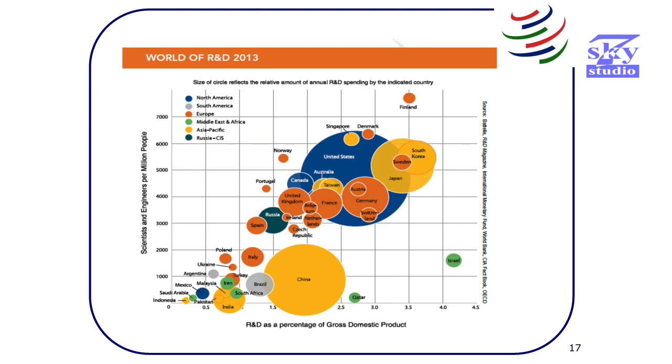And the size of the circles show the absolute amounts of spending. What you see here is that the United States really is up here, a big spender on R&D, relatively high in the number of researchers, so it's up here, and also spending a lot as a percentage of GDP on research and development.